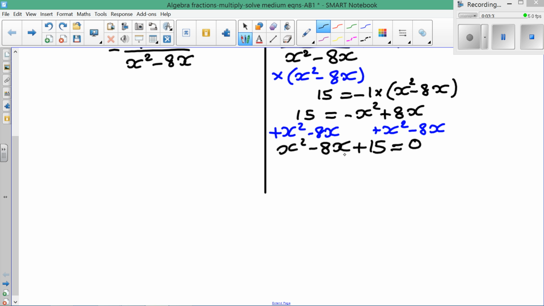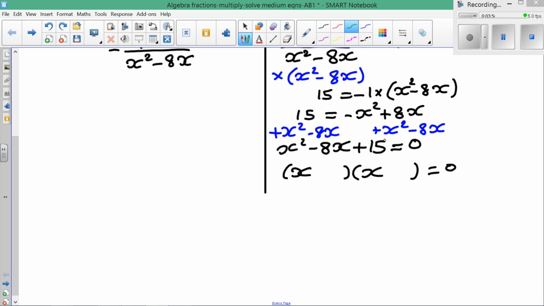The next step in solving this quadratic is to factorize. It's a 3-term quadratic, so it factorizes into 2 brackets equal to 0. To get x squared I must have x and x in both brackets.